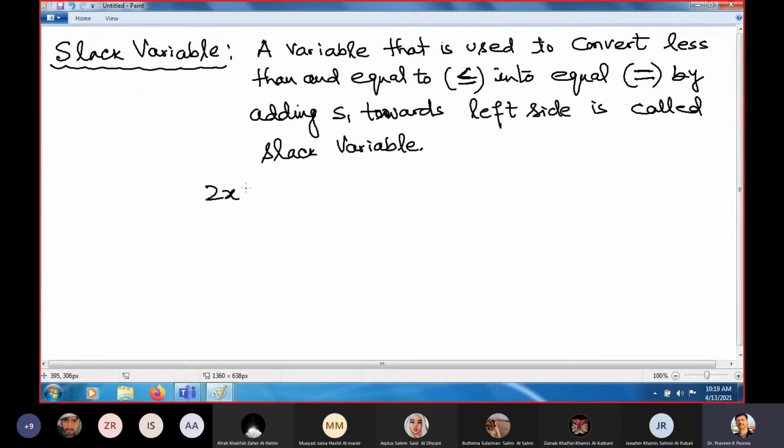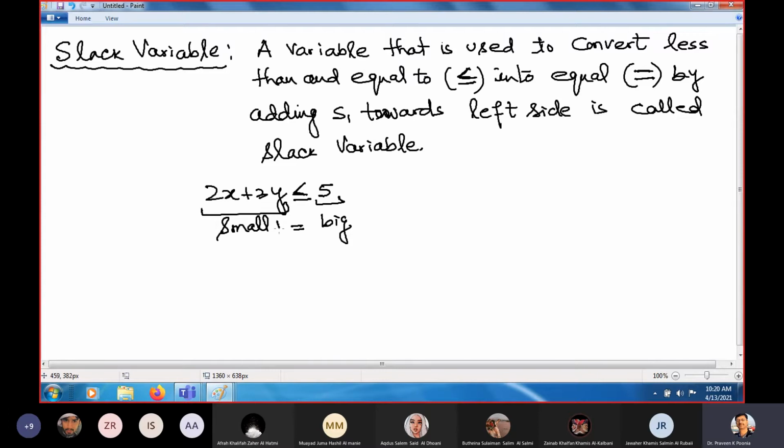And if the equation is like 2x plus 3y less than equal to 5, how will you change this? Here it is less than, which means this side is small and this side is big. So we want to make them equal.